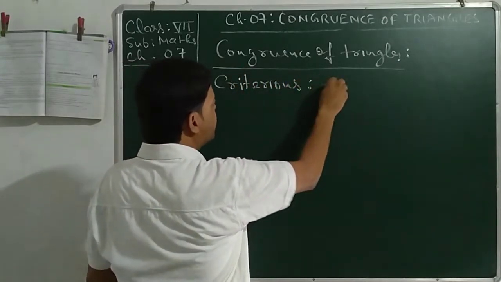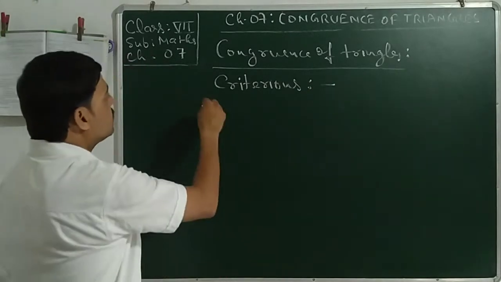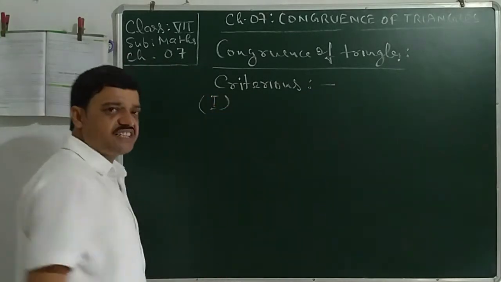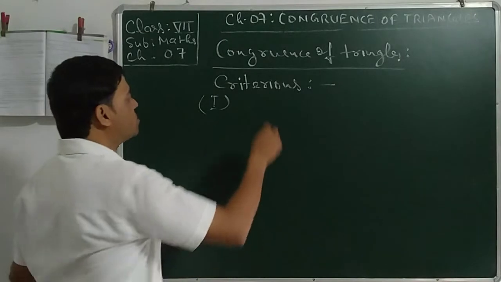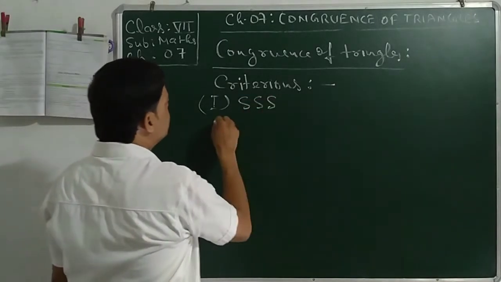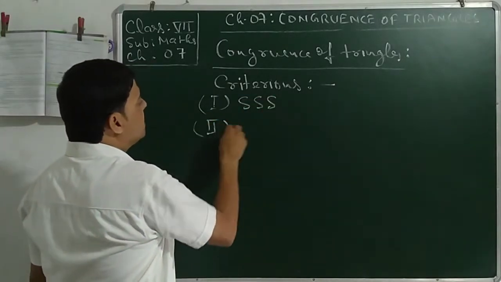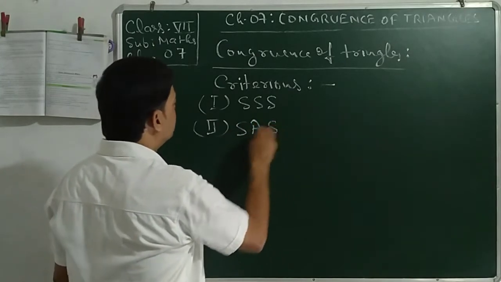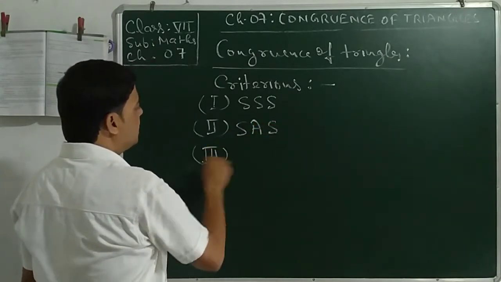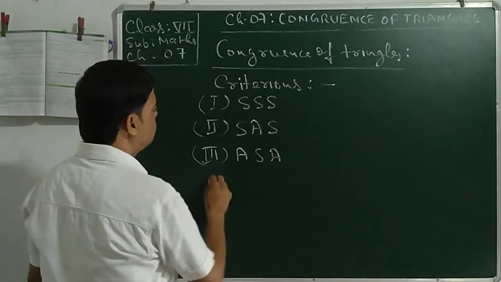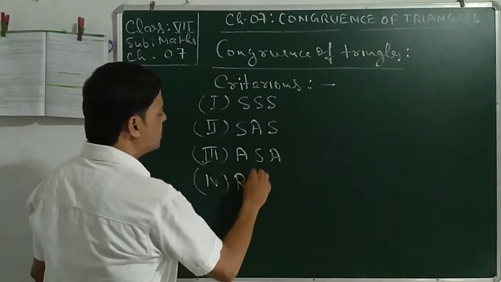How many criteria are there? There are 4 criteria at your level. The first one is SSS, second one is SAS, third one is ASA, and fourth one is RHS.